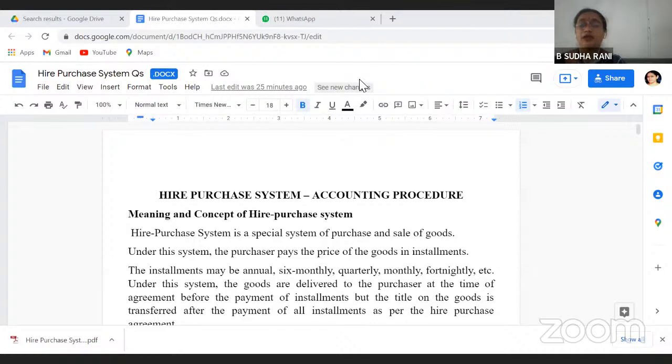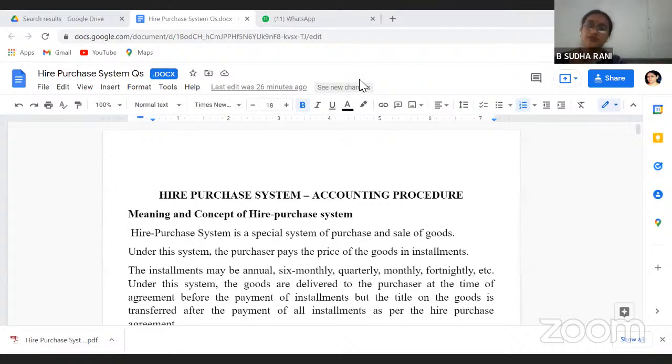But hire purchase is different. Under the hire purchase system, a person purchases the asset under installments, the purchaser pays installments, but the ownership of the asset transfers from the seller to buyer only at the end of the last installment paid.